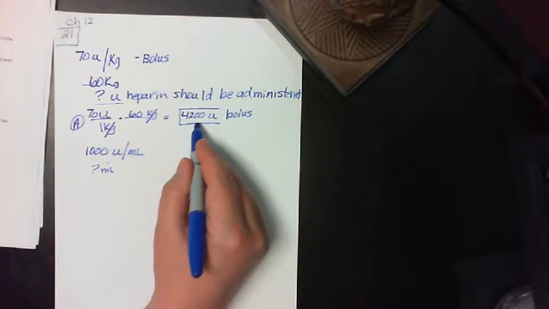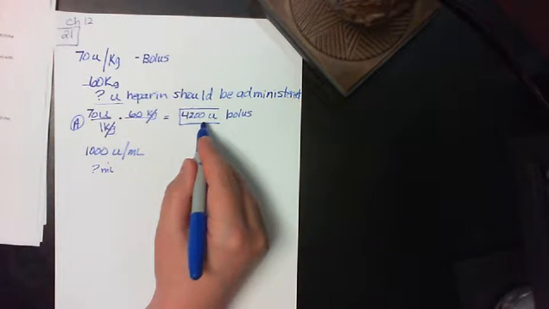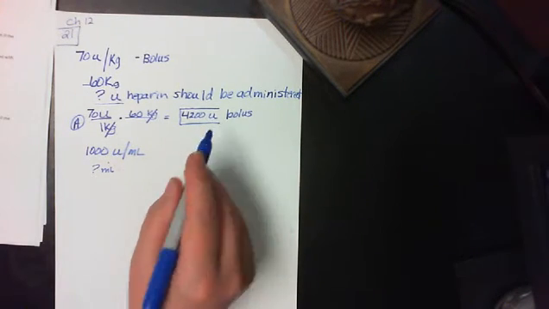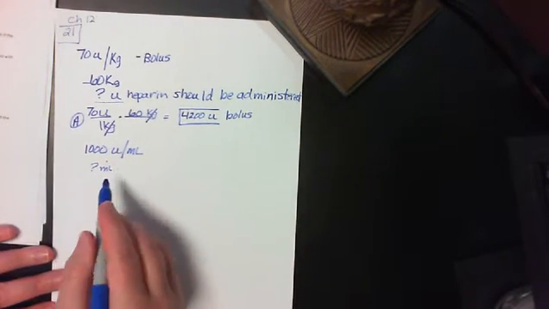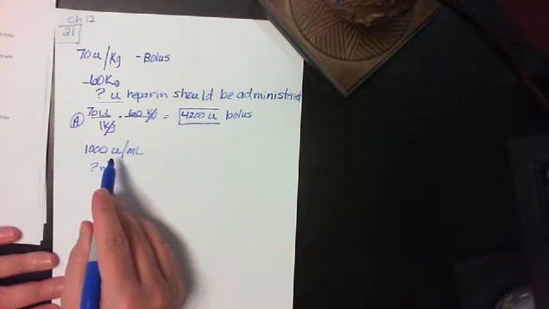Now, using the concentration of 1,000 units per milliliter, how many milliliters of heparin should be administered? So, what we're going to do is we've got what our concentration is.